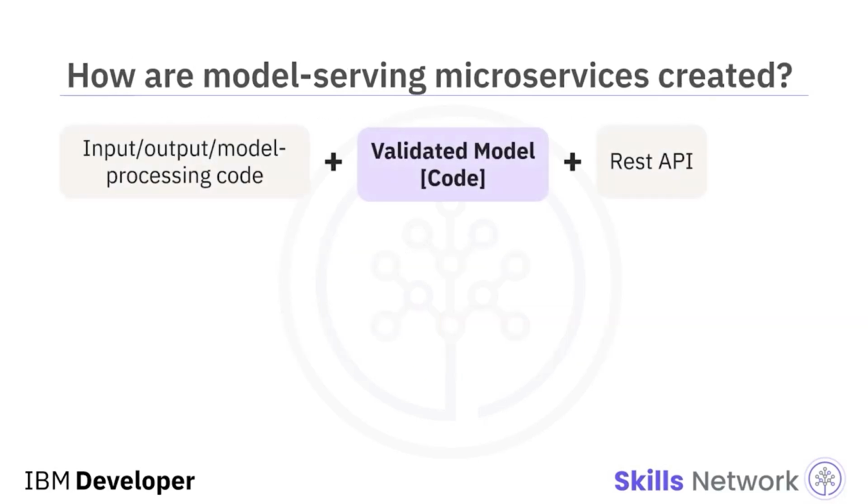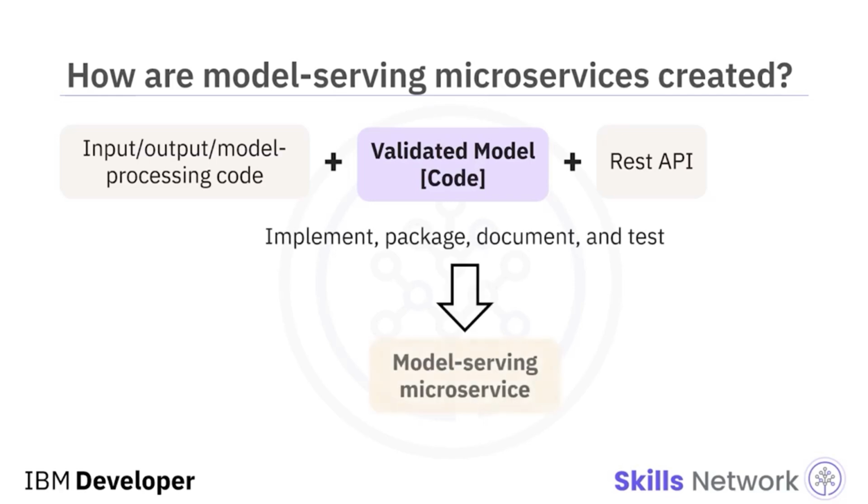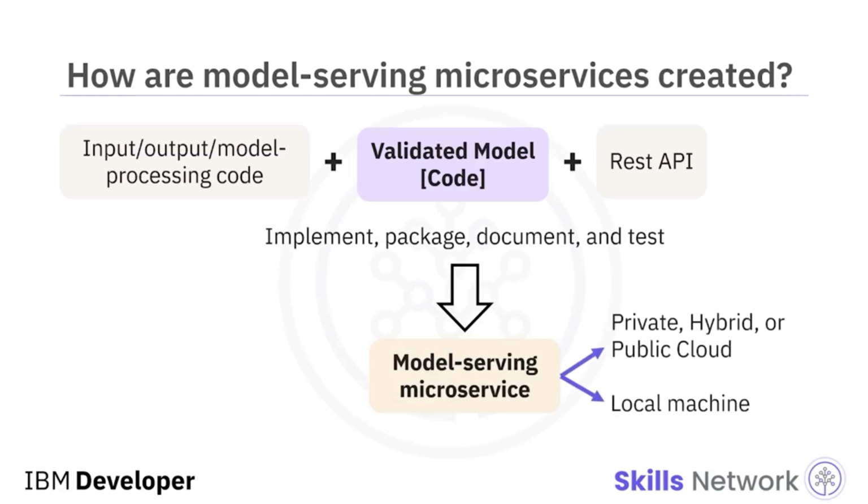Model-serving microservices are created by running inputs through a validated model and then applying the output to a REST API. After implementing package, document, and test steps are complete, you will have a model-serving microservice that can be sent to a local machine or a private, hybrid, or public cloud.